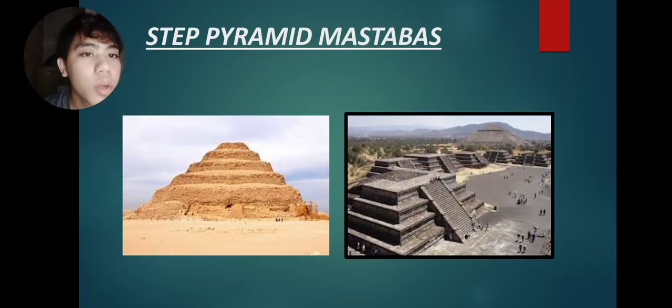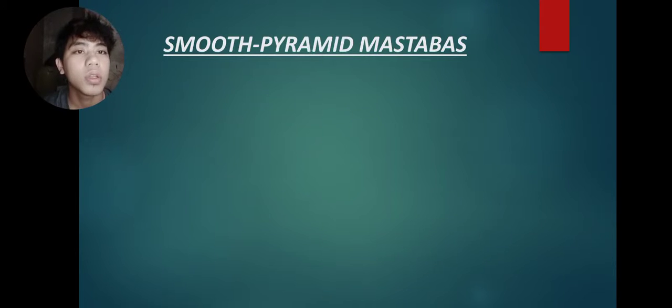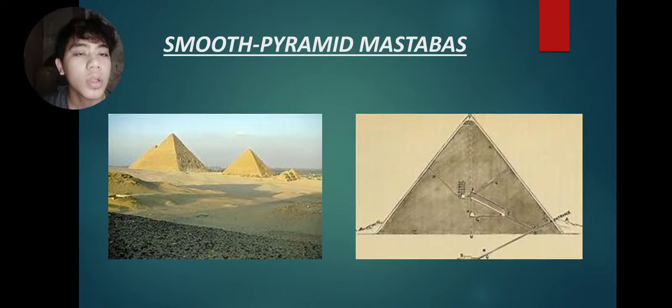So this is the example of step pyramid mastabas. So nakita na ninyo na siya lakawanan sa mga tao para dali ra makasaka. And then nabot ang panahon na nalista na siya. So nakita na ninyo, bali straight na lang siya, wala na siya lakawanan.